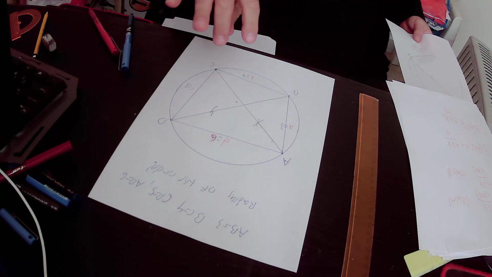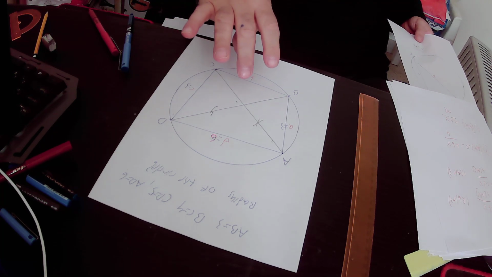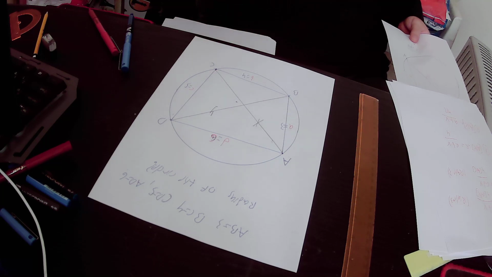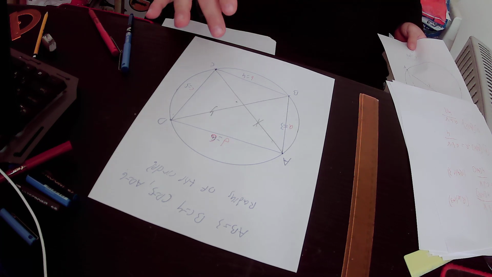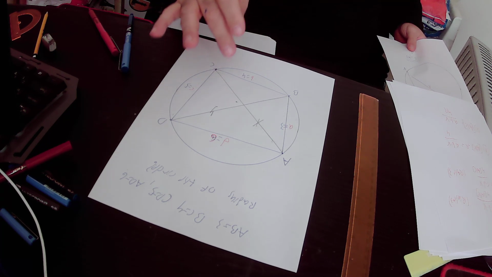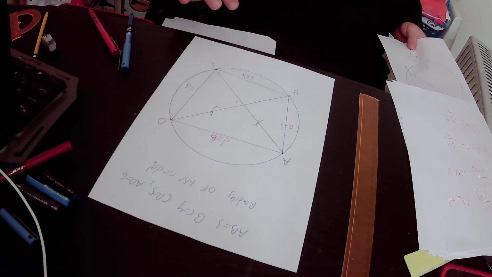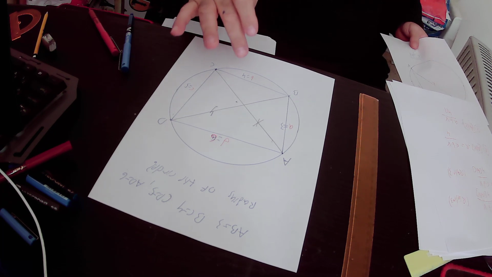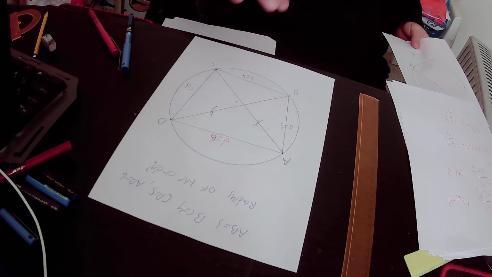So in total we can use rule number 3 on four different triangles: ABC, ADC, BCD and ABD. In this way we will find the radius of this circle.